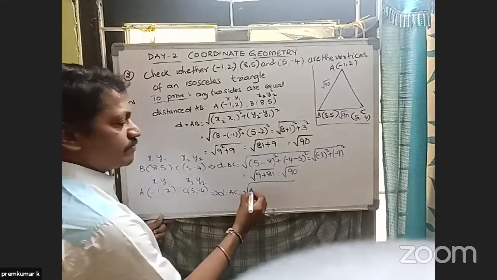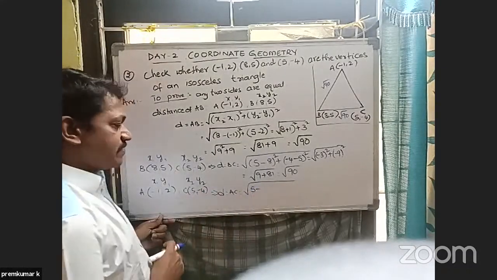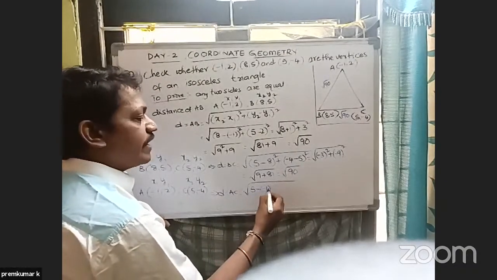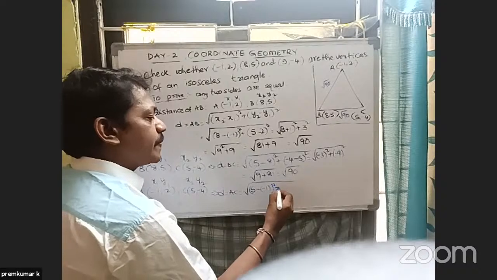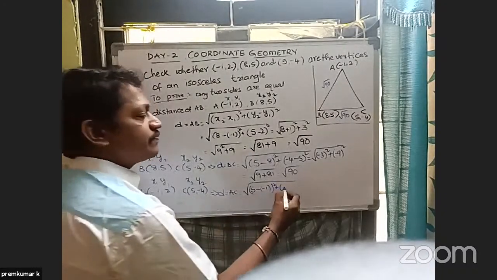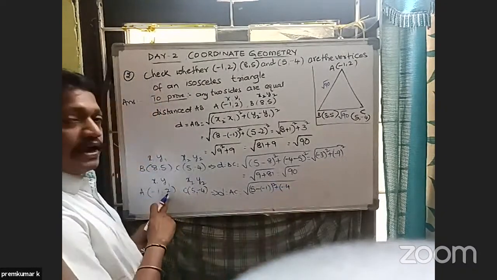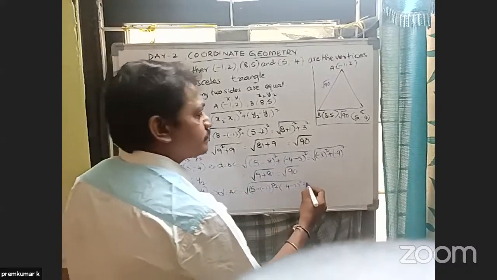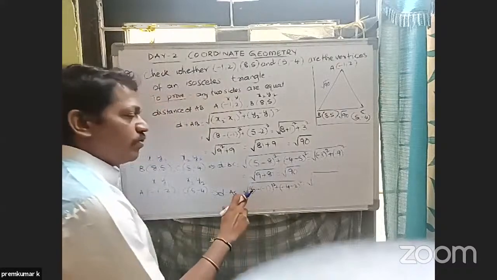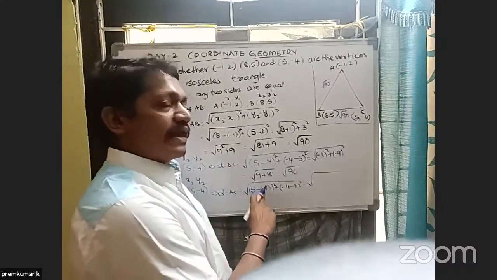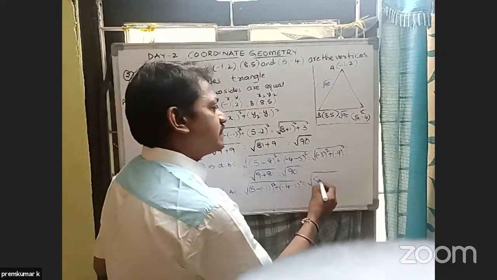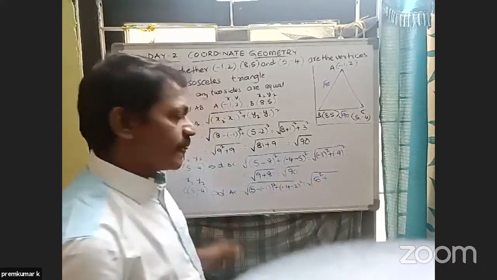X2 5 minus of -1 whole square plus y2 -4 and y1 2, that is -2 whole square. Now 5 minus of -1 is +1, 5 plus 1 is 6, 6 square.